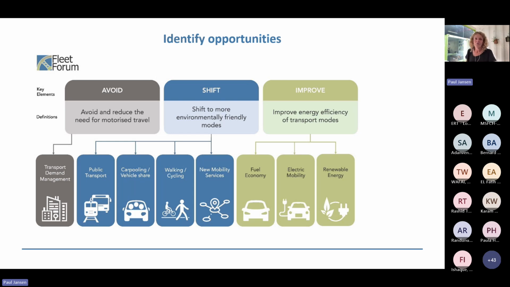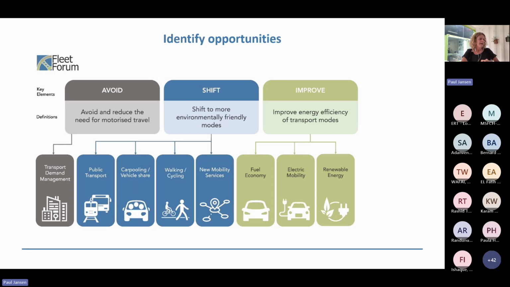And then if you have shifted everything and you cannot shift anymore, then you want to improve. You want to improve the energy efficiency of transport modes. That's where you look at fuel economy. Can you maybe move from big, heavy 4x4s to lighter ones? Can you use more city vehicles?